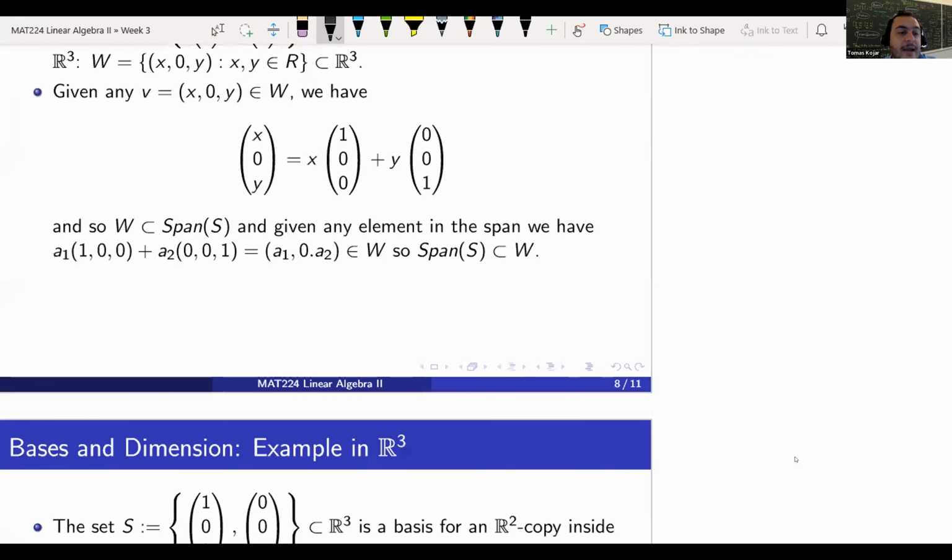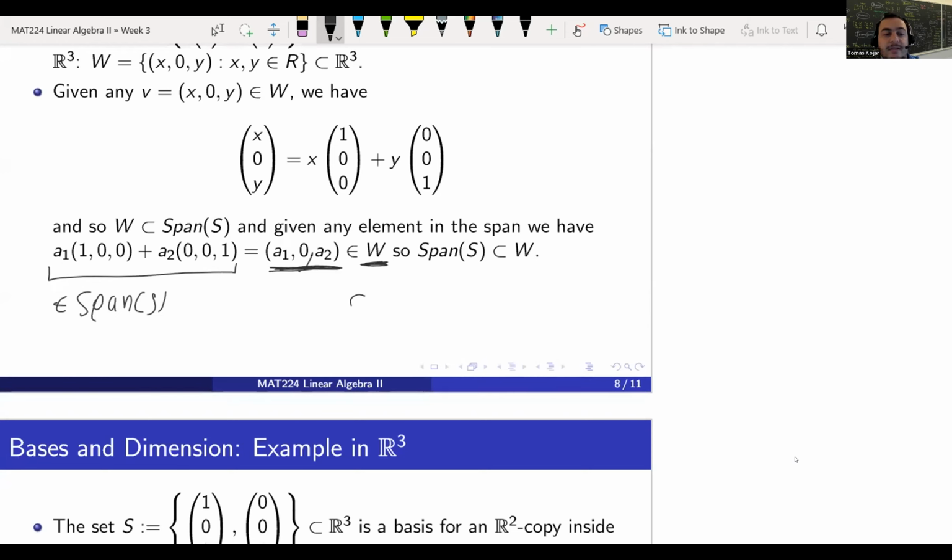You give me any two elements of span of S, and we can again do vector addition in the other direction. Then you can write them in component form, which is a subset of this W space.